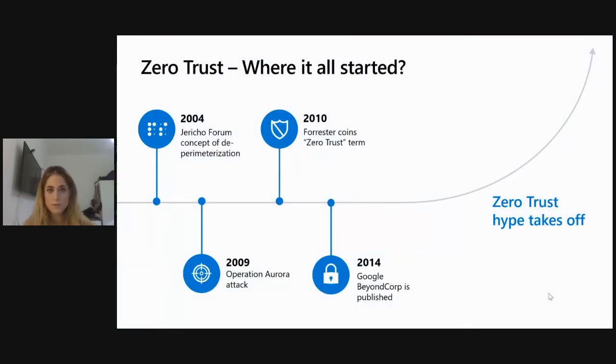I promise it will be really quick. What is zero trust? It's a buzzword that Forrester coined in 2010. But even before that, the Jericho Forum, a forum of CISOs, set this concept of deperimeterization, meaning we are no longer operating in a world of perimeter where everyone works either from the office or connects through a VPN.